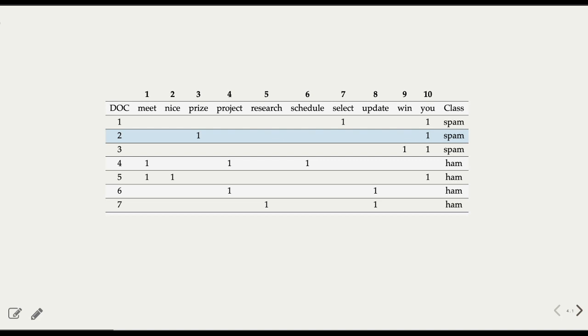Now, there's a way that we can estimate the different probabilities. So first of all, if we ask how likely, regardless of any evidence, you are going to receive a spam email. Based on the numbers here, you can count the number of spams versus the number of hams.